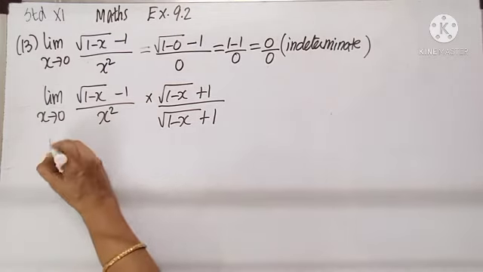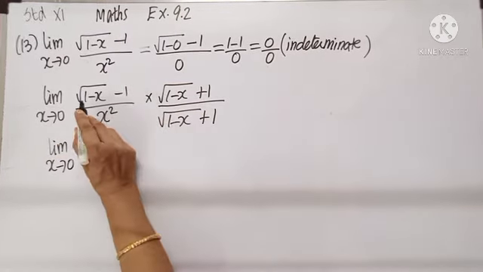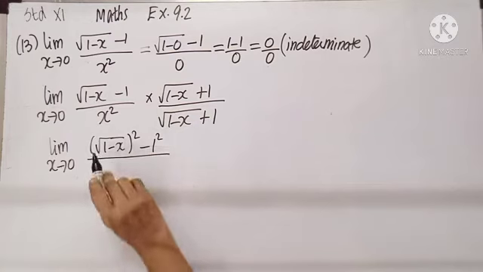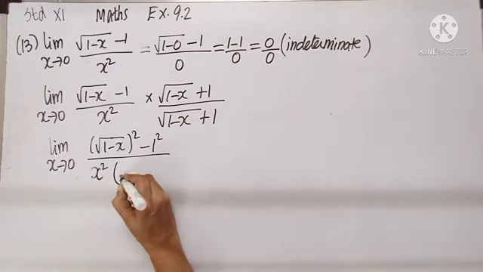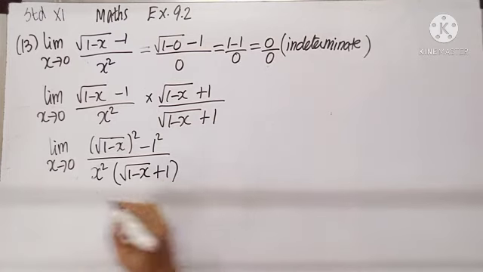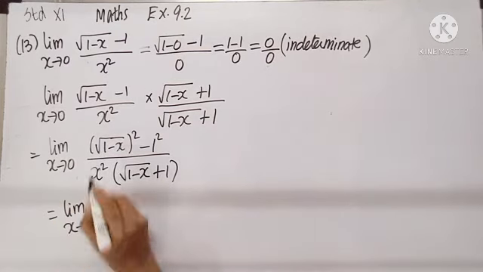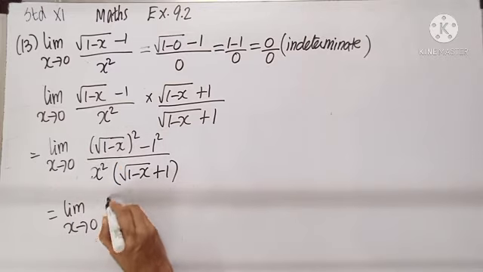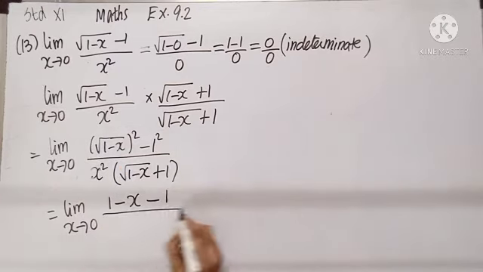Now, the numerator is of the pattern (a plus b)(a minus b), a square minus b square. Denominator x square into root of 1 minus x plus 1. As I simplify, in the numerator root and square cancel. 1 minus x minus 1 square is 1.